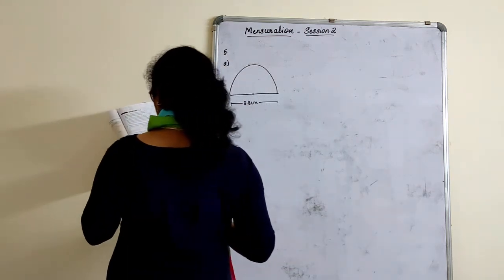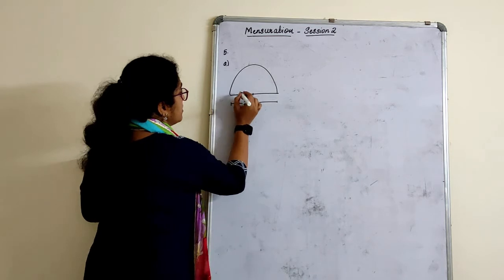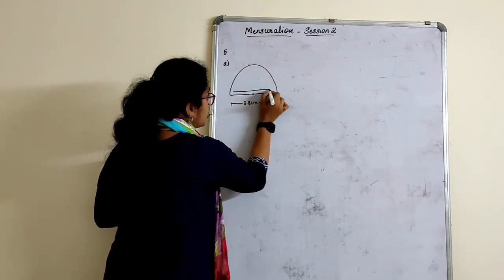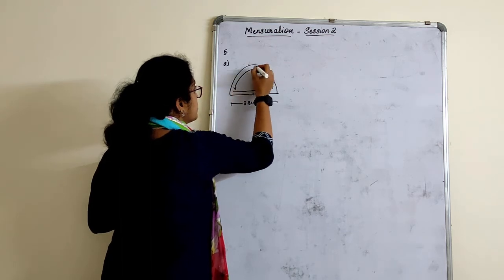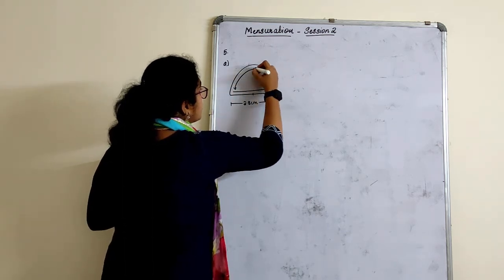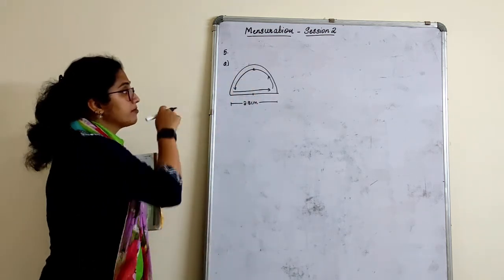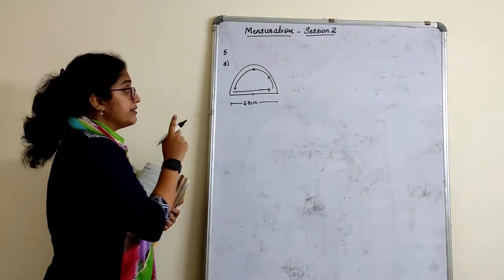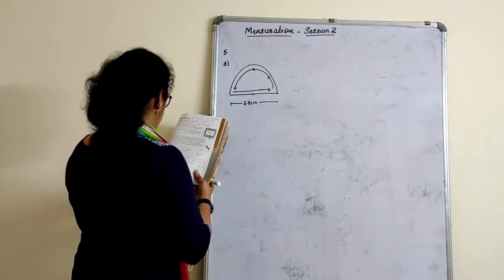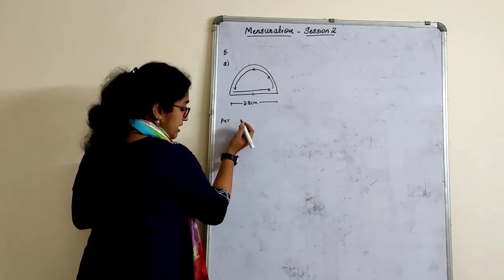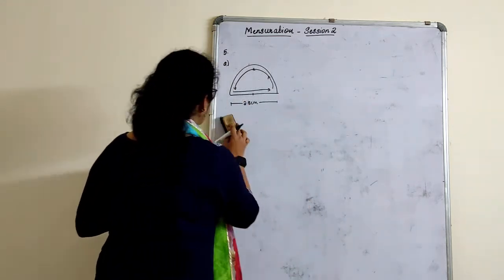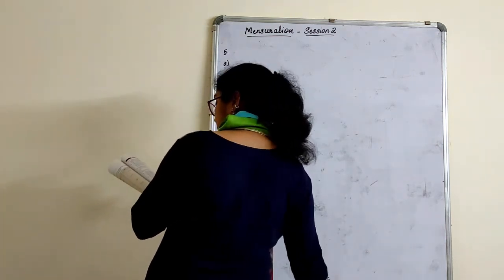Now the ant has to go in this direction and the ant has to reach this direction. Remember this. Okay? Ant has to go like this. That means what I will write here is path, not actually perimeter, distance moved by the ant.